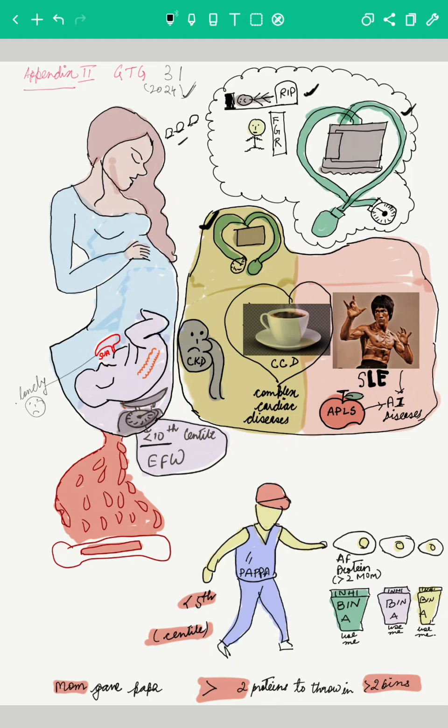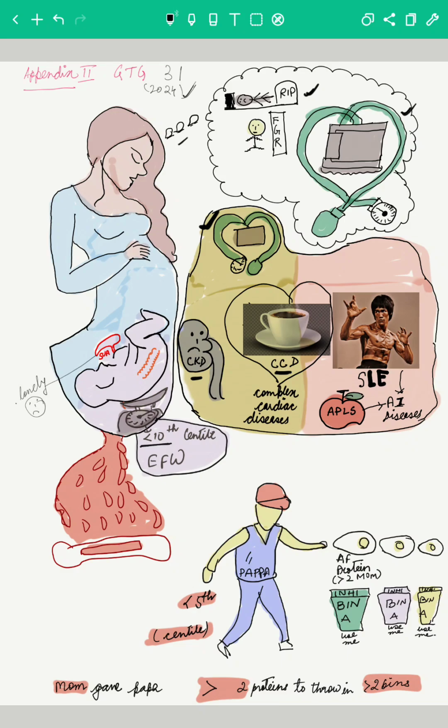And two very sound-alike conditions, that is CCD and CKD, that is complex cardiac disease or chronic kidney disease. If she has these two conditions, then definitely it predisposes her to have a fetal growth restriction even in this pregnancy. So these two are individually high risk factors.